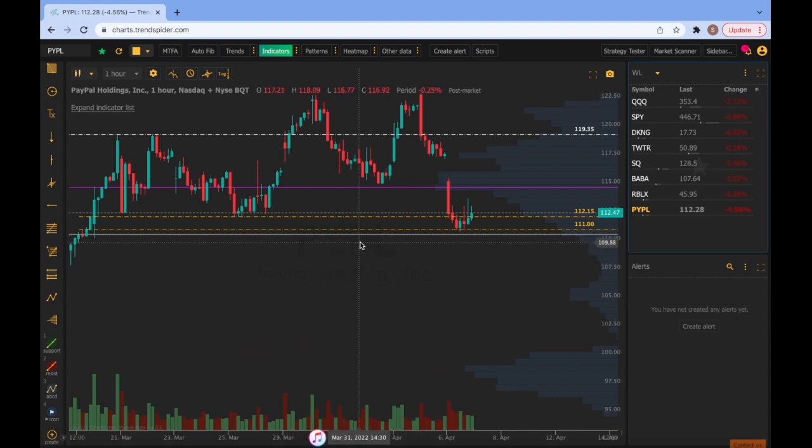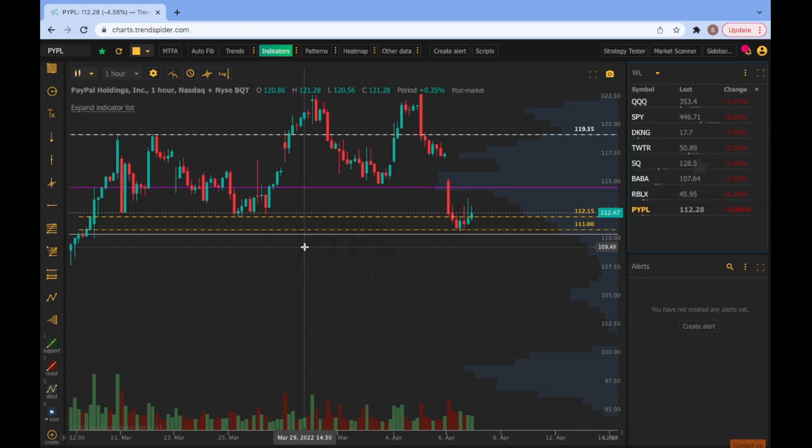I originally had call triggers at 118.8 and 116.6 for the put, but we did gap down very heavy, right? So using the hourly, I just went through right before in pre-market and looked at some levels that were very big. Ones that stick out to me, 112.15 and 111 on the downside. On the upside, we can look here towards 113.5, stuff like that. But that's where I really use that hourly.